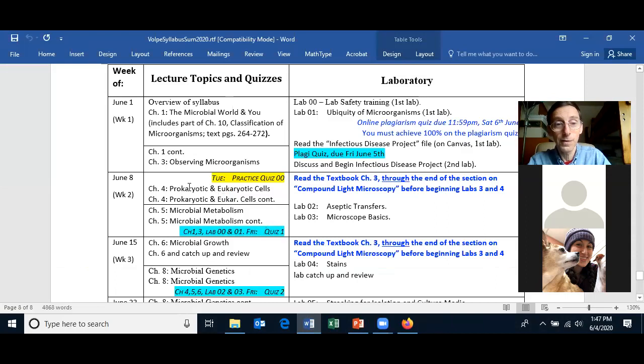I don't really want to start chapter 4 yet because the test is only going to be on chapters 1 and 3, and then the quiz on Friday is on lab 0, meaning the laboratory safety, and laboratory 01 or lab 1.